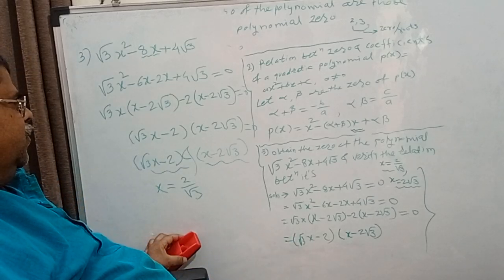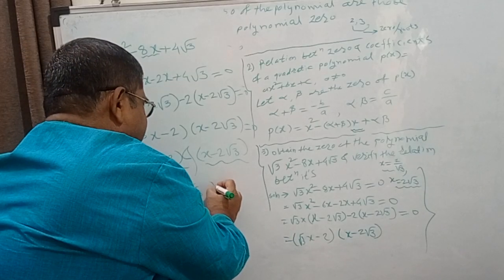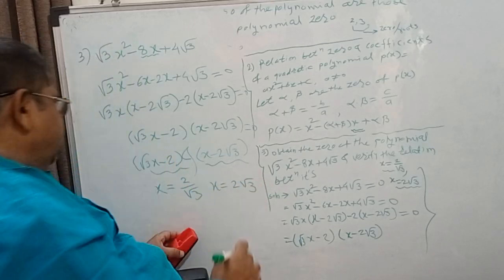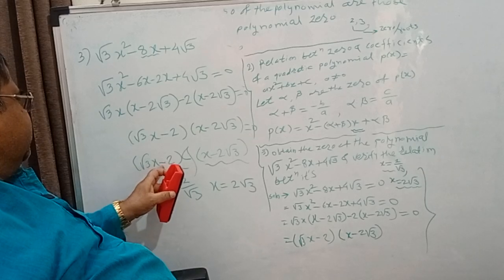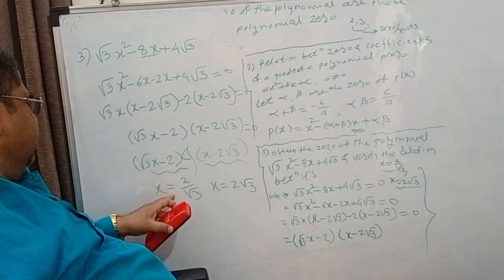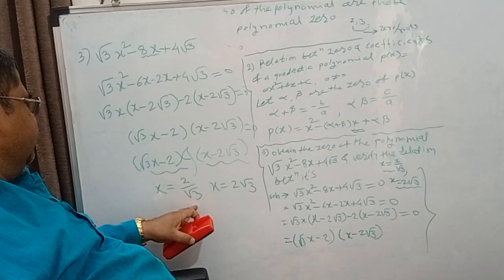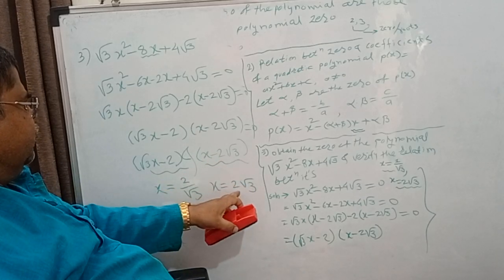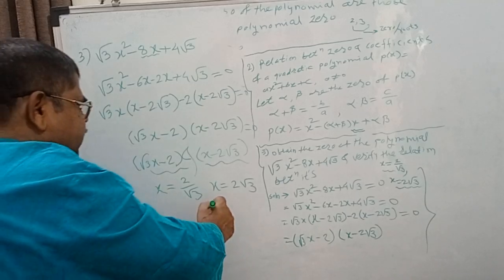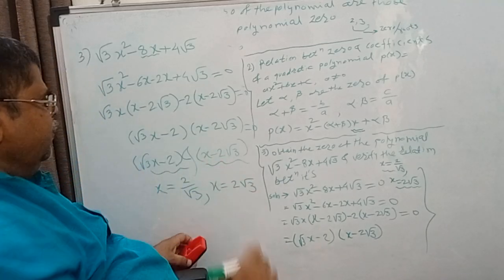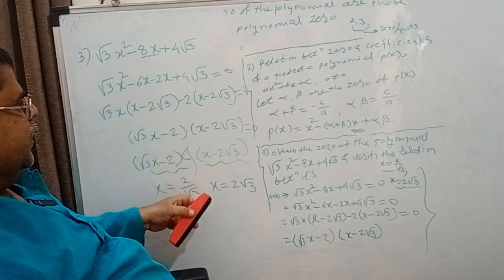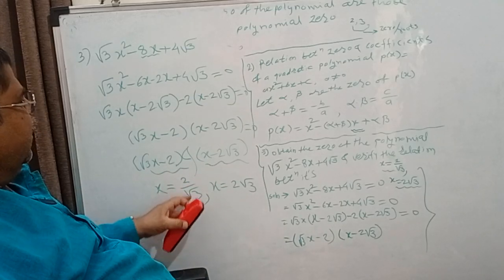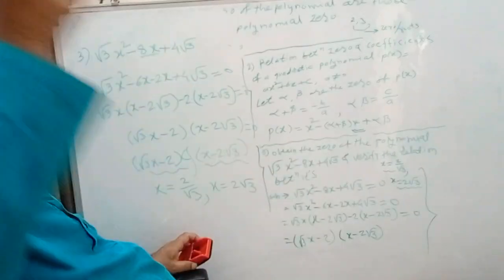We know root 3 x minus 2 is equal to 0, therefore x is equal to 2 upon root 3. x minus 2 root 3 is equal to 0, therefore x is equal to 2 root 3. These are the zeros of the polynomial. We have obtained the zeros of the polynomial, and we will verify alpha, beta. Okay. Thank you. Study.